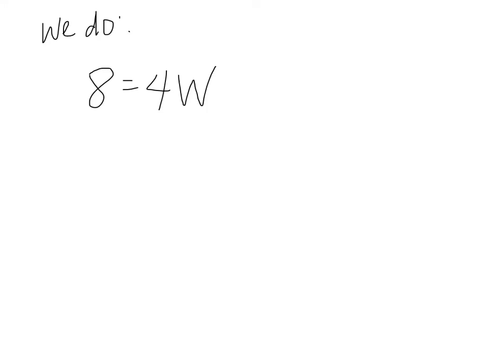So let's do a redo on this then. So we have 8 equals 4w, and again, this is multiply here, that's 4 times w, so we're going to undo that 4 off of there by doing the opposite, or the inverse of multiply, which is divide. So we're going to divide by 4 to both sides of the equal sign.